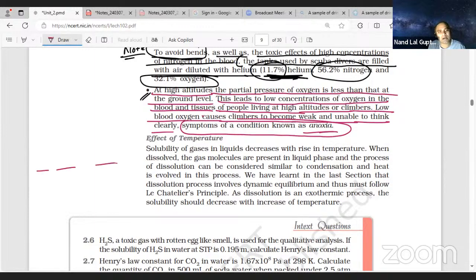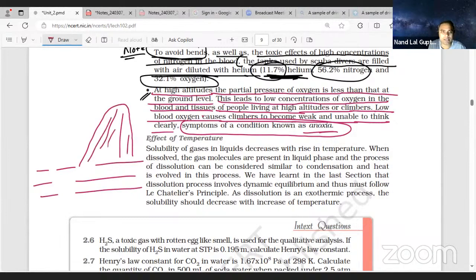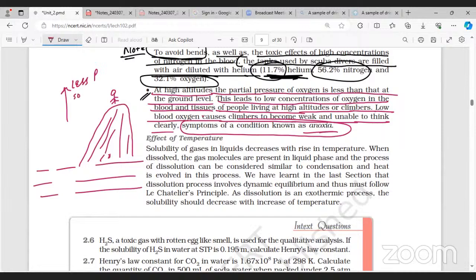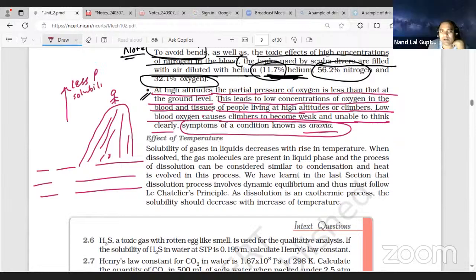Suppose this is the earth level, okay, this is the earth level, right? And if you are going above earth level, this is the high altitude. Now any person staying here, as you go up, the pressure will be less. Yes or no? Against gravity you are going, less pressure will be there. So solubility of O2 will increase or decrease?